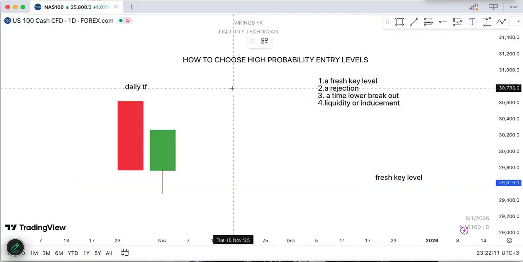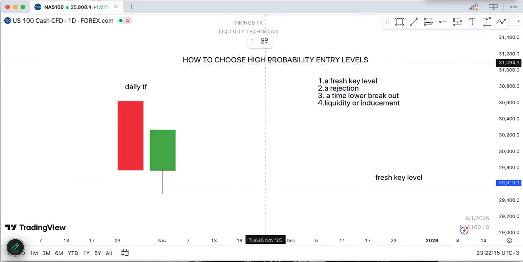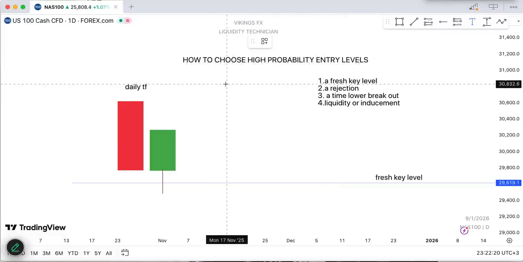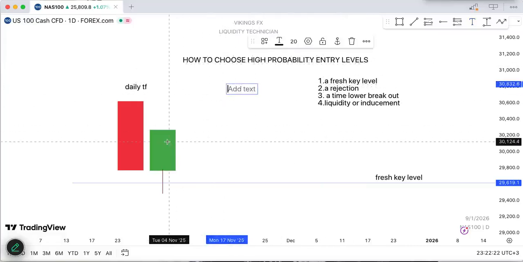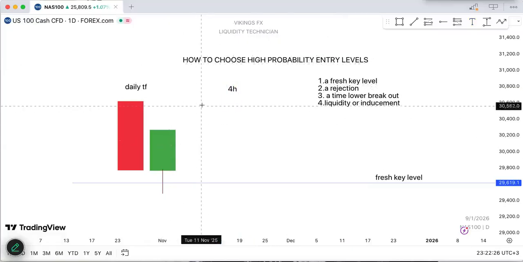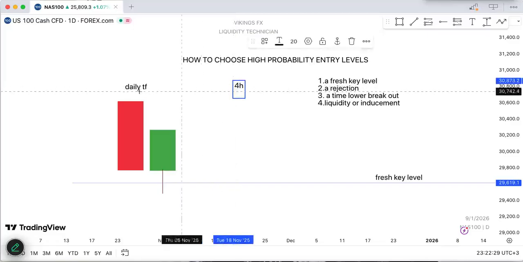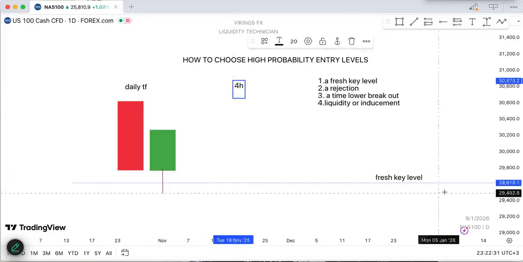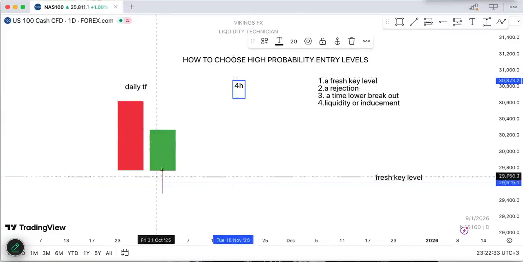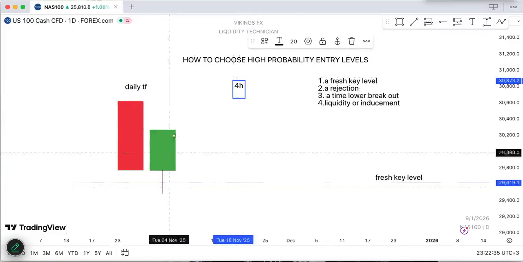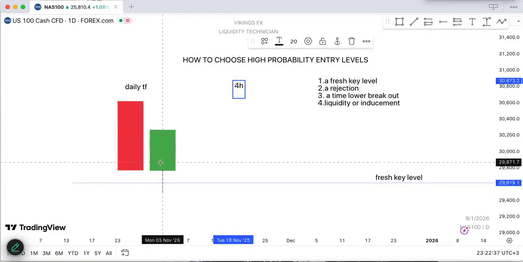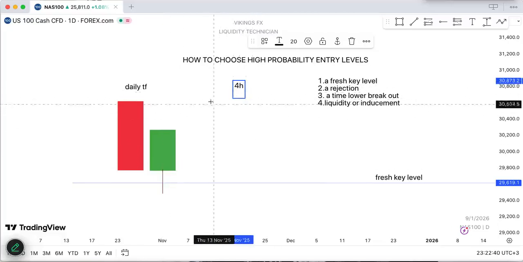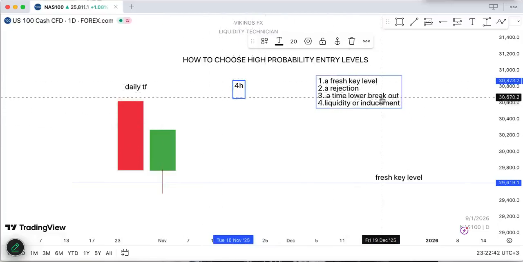It can either be breakout type 1 or type 2, but since we are looking for high probability, we shall only consider breakout type 1. A time frame lower will probably be our 4 hours time frame. So after getting your daily fresh key level, and that daily candle rejecting it, later on you go to the 4 hours time frame and you look for a breakout.